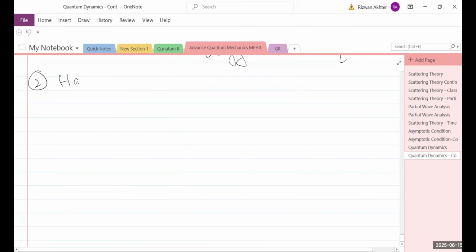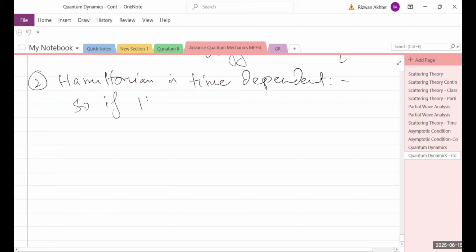The Hamiltonian is time dependent, which means H equals H of t.